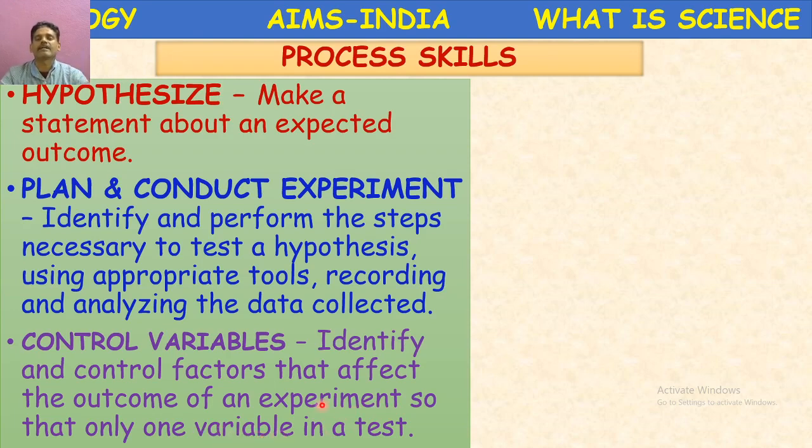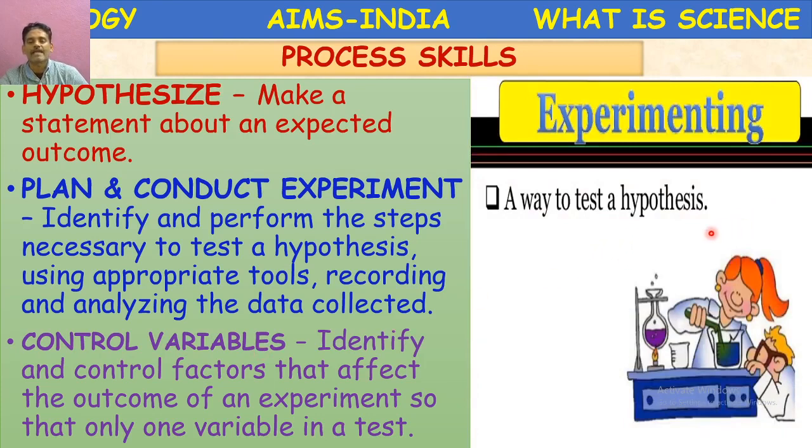If at a time you try to do 5 or 6 things, your experiment may fail. Only one variable is going to be tested, so you have to supervise and identify it. Identification of that variable which is going to be tested in the experiment is very, very important. That is called control variable.